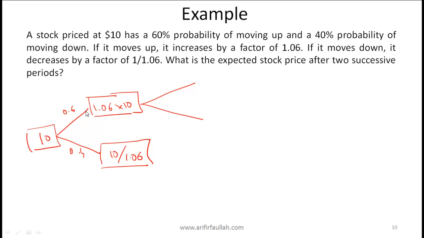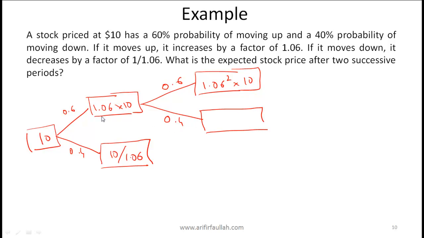One possibility is the stock goes up and then the stock goes up again. So this probability is 0.6. If it goes up again, the new price will be 1.06 squared into 10, and this probability is 0.4, and the value here is 1.06 into 10 divided by 1.06, so that's essentially back to 10.